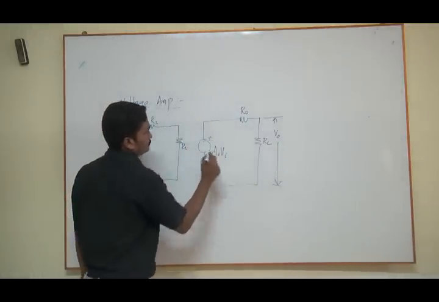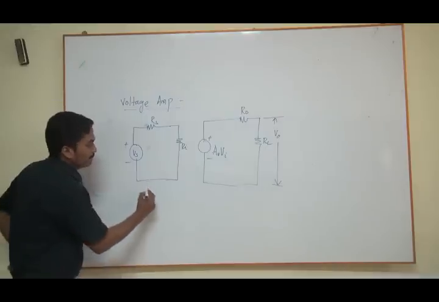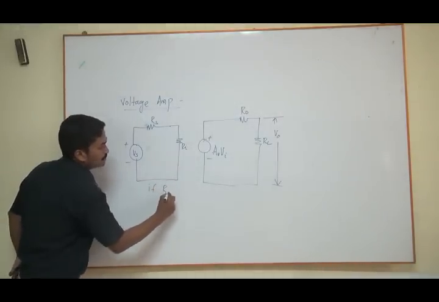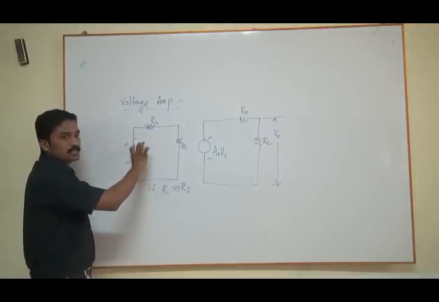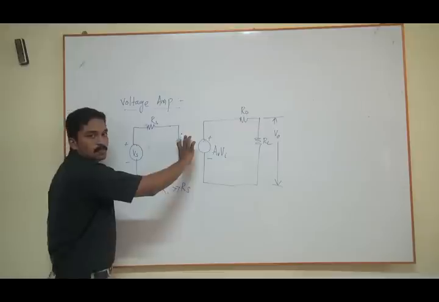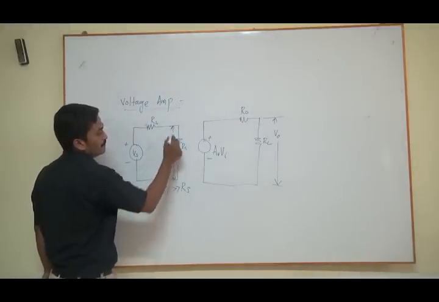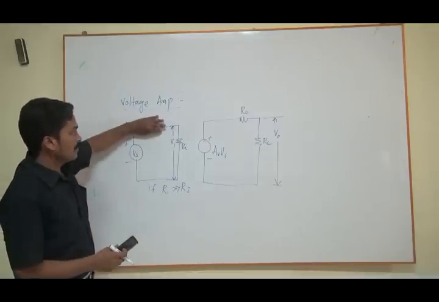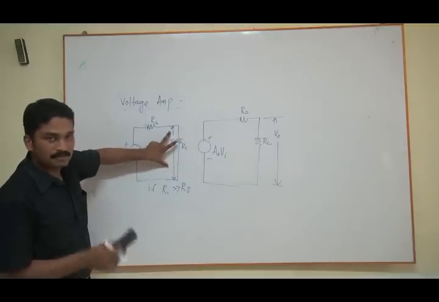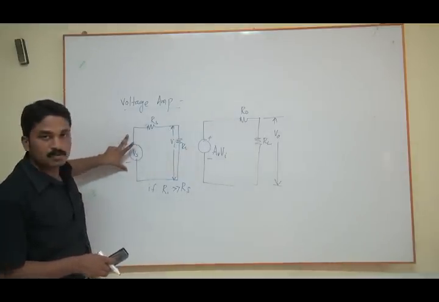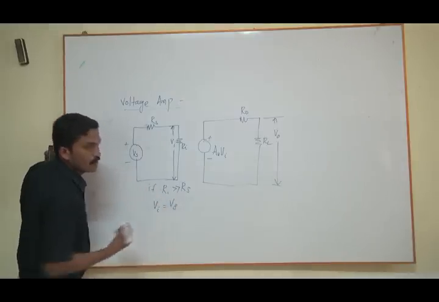That's it. Right? Now if your Ri value is much greater than Rs, then what will happen? The voltage drop is almost entirely across Ri. If I represent this as Vi, then Rs is very small, so the voltage drop across Ri, which is Vi, is almost equal to the source voltage Vs. So your Vi is equal to Vs now.